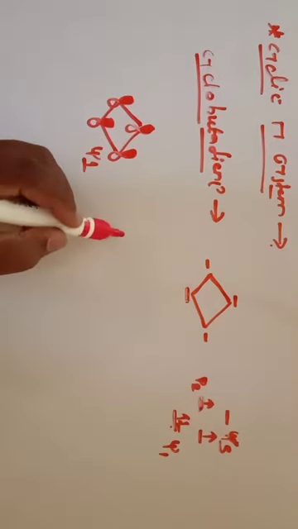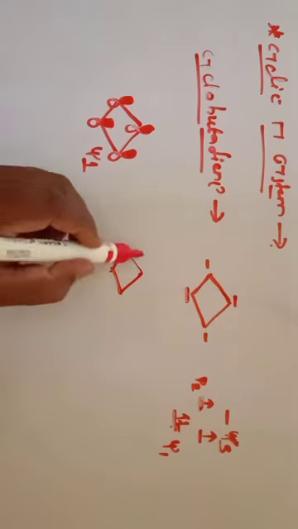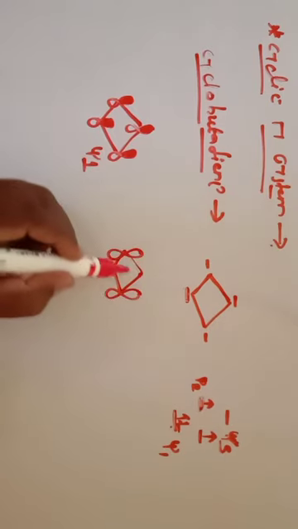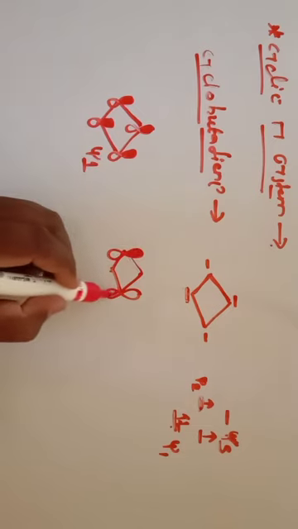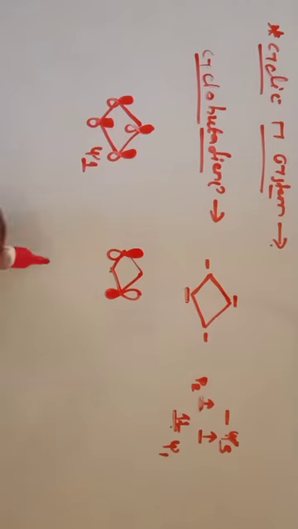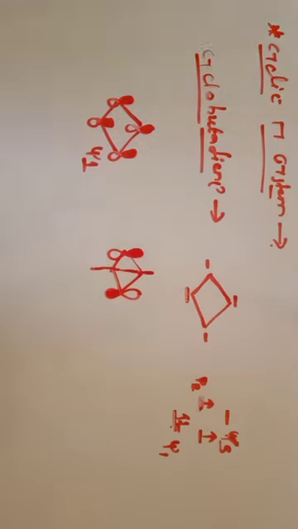Because it has one node. So how is this node possible? We can write this, so this is your polygon, and if you consider only 2p orbitals involved in molecular orbitals, because they are in different phase, there should be one node. So two carbon atoms of this cyclobutadiene are involved in the node.